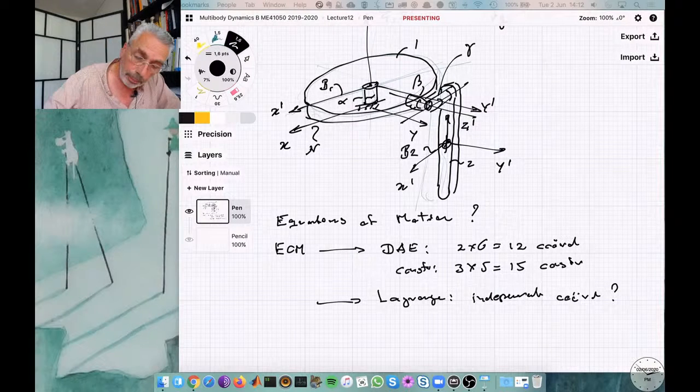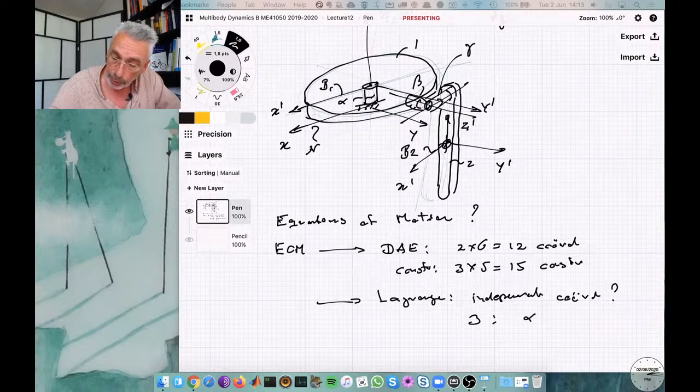Well, looking at the system, what do I see? I see actually, yeah, there's 1 joint here, there's 1 joint here, and there's 1 joint here. Meaning that I have 3 independent coordinates, and in this case I can depict them.